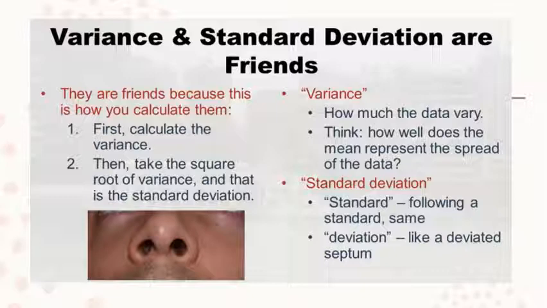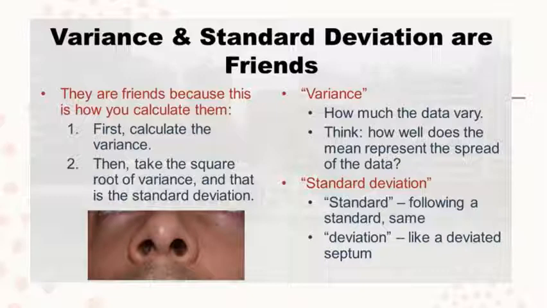Okay, so I just put this picture here so that maybe you guys can get an idea of, or maybe this will help you guys remember standard deviation. Kind of like a deviated septum where it's crooked. It's more where it separates. It's more crooked. It's not standardized.